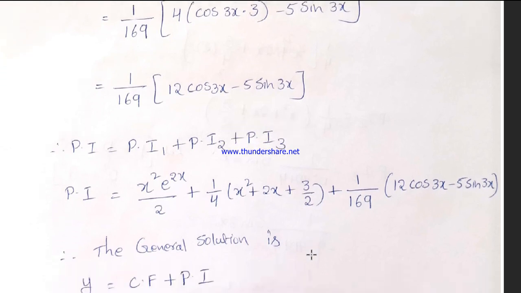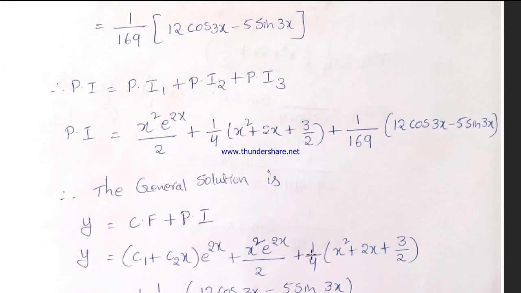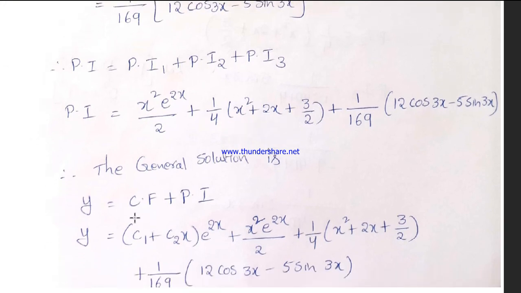Finally you can write the general solution: y is equal to complementary function plus particular integral, that is y is equal to complementary function (c1 plus c2 x) e power 2x, plus x square e power 2x by 2, plus 1 by 4 (x square plus 2x plus 3 by 2), plus 1 by 169 into (12 cos 3x minus 5 sine 3x).